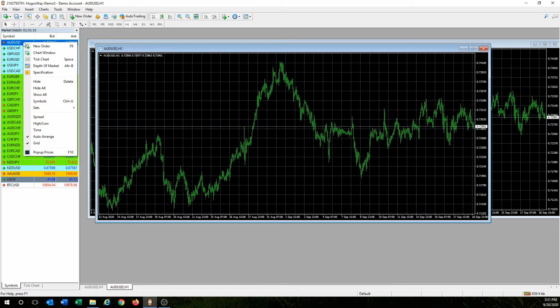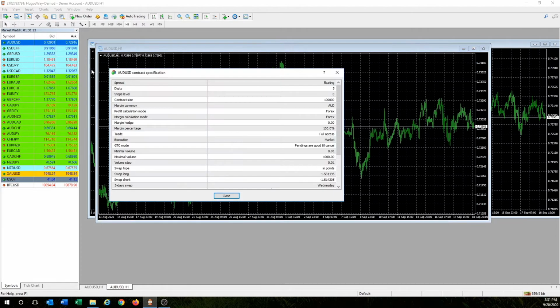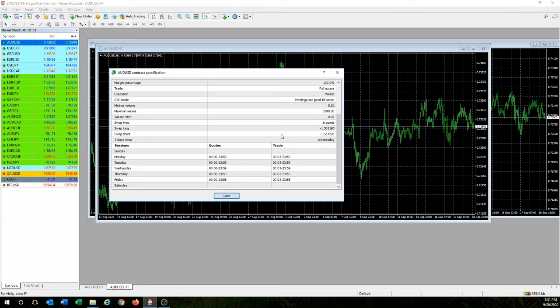So let me see what's in here. I'm right clicking again. You can ignore that. Specifications. This is good to just read in here. I'll talk about this a little bit more in the future when I have a section called Forex Terms. But here, it talks about market sessions, when you can trade this asset.